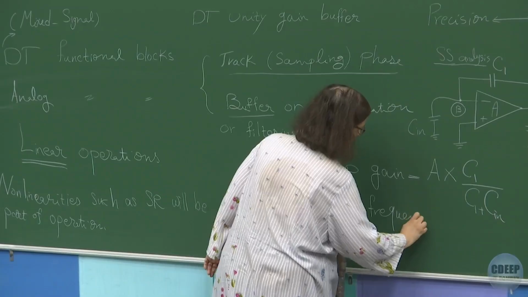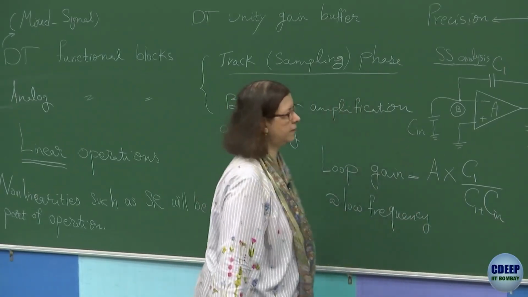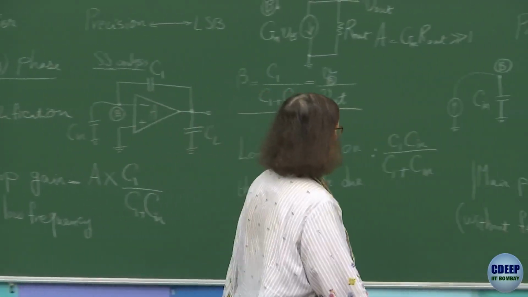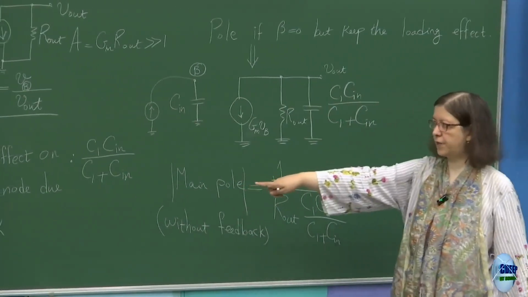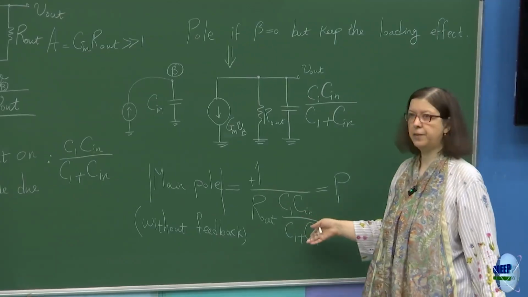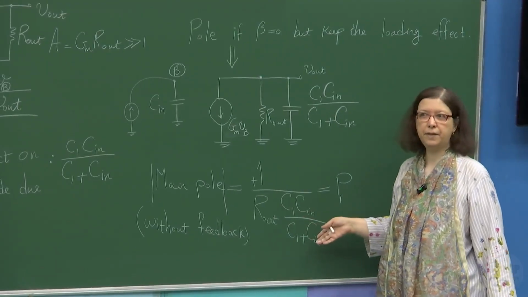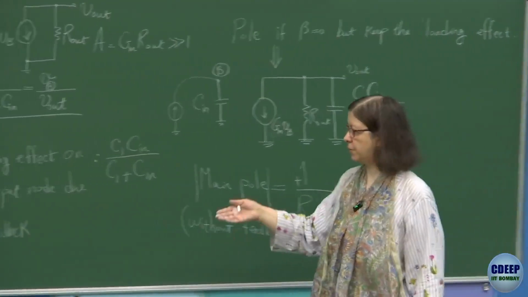And you know from negative feedback theory, linear feedback theory, that the pole after feedback is the low frequency loop gain multiplied by the pole before feedback. So all we need to do is just multiply.